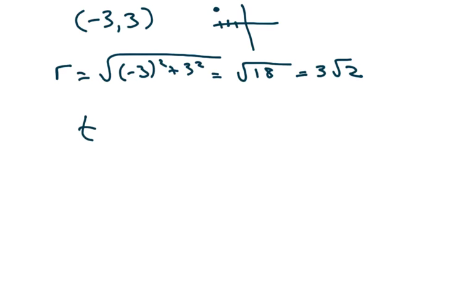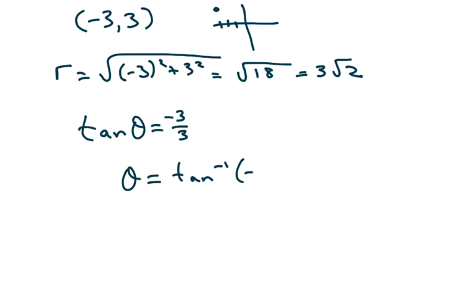And then our tan is going to be negative 3 over 3. So theta equals inverse tan of negative 1. Now remember that we have to use negative pi over 4 here. So this is going to equal negative pi over 4.